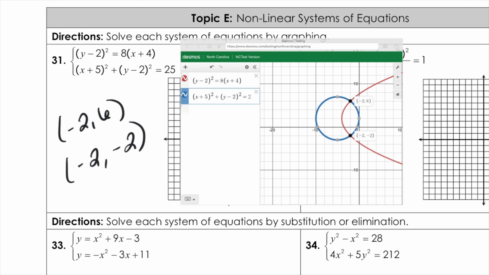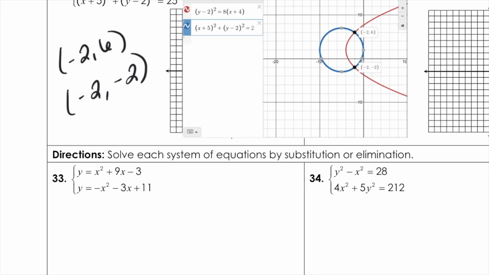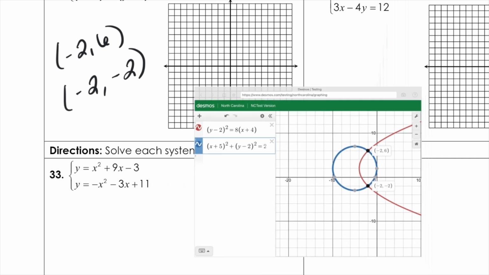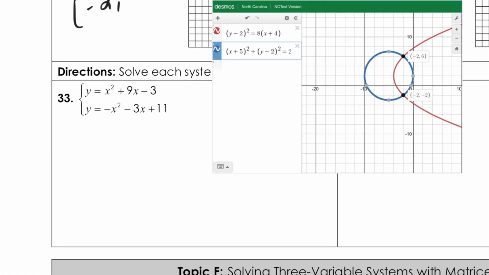And then you can also build them in a matrix if you have more than two variables. For example, if you have x, y, and z, you can build them in a matrix, but anytime it's just x's and y's, Desmos is going to be your go-to, especially for things like number 33. We don't have to do elimination or anything like that. We can just always go by graphing.